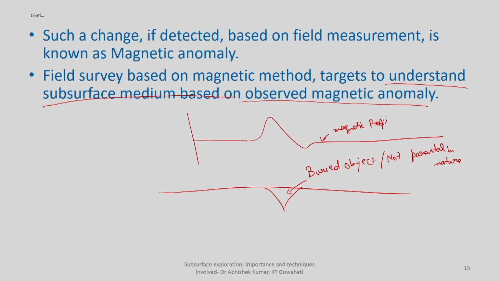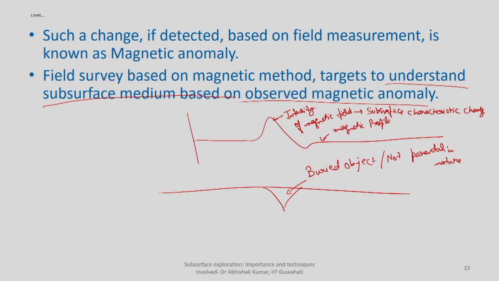Any kind of jump or increase in the intensity of the magnetic field is possibly an indication of subsurface characteristic change. So, that is what the magnetic anomaly method targets to understand.